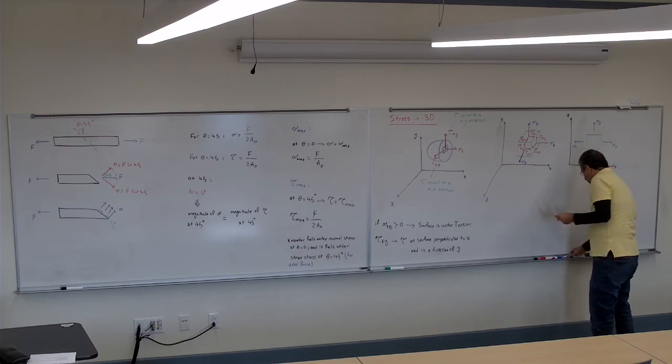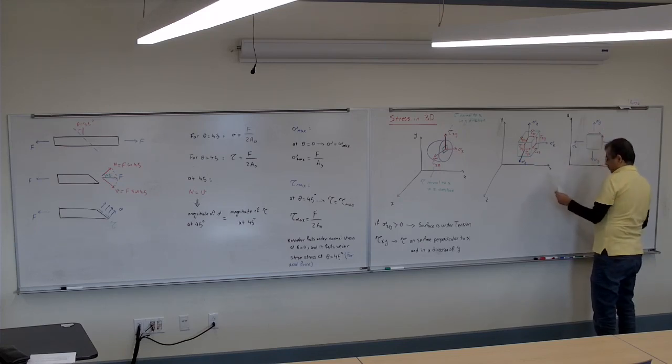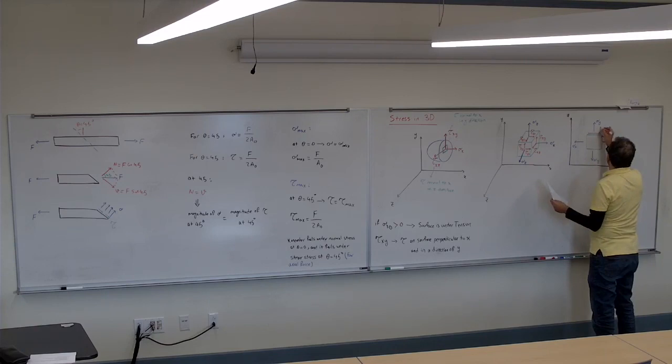That's a normal, and then I have the shear, which is going to be tau yx. It's going to be tau xy.